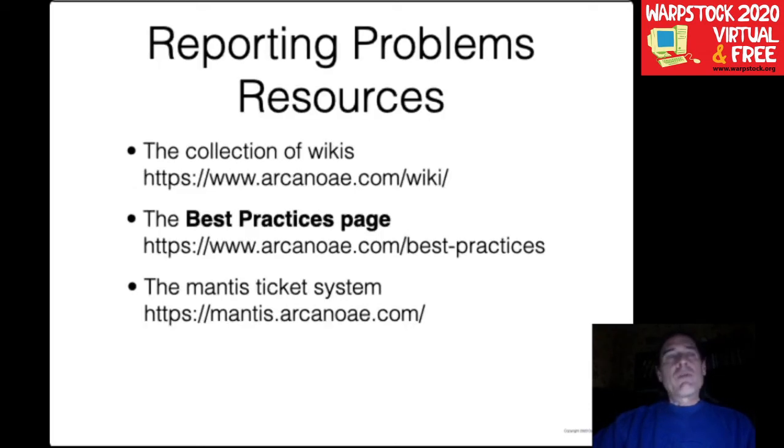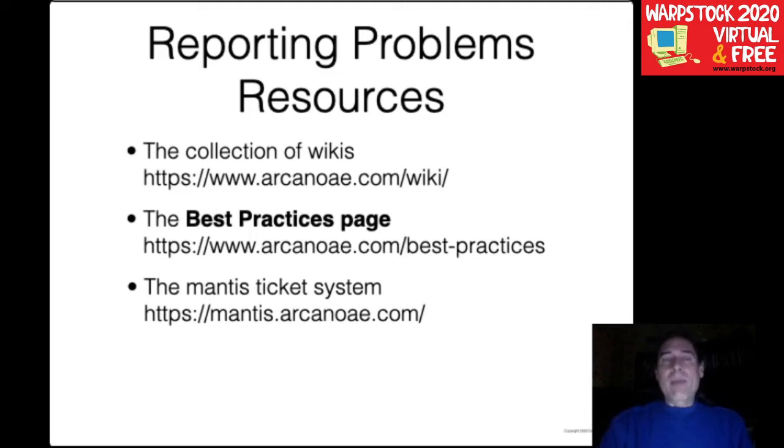These are a few of the resources for opening trouble tickets. The first thing is the collection of wikis at arkanoa.com/wiki. You can also see all the wikis by clicking on the support menu item right on the front page. The second item is the best practices page on the wikis.